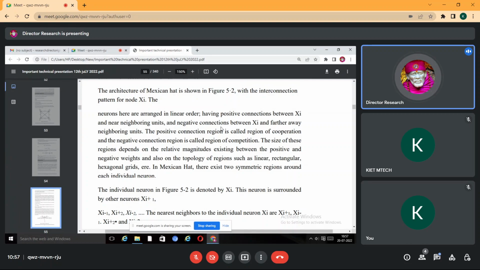The size of the region depends on the relative magnitudes of the positive and negative weights, and also on the topology of the region, such as linear, rectangular, or hexagonal grids. These are very important technical words: linear, rectangular, hexagonal grids.